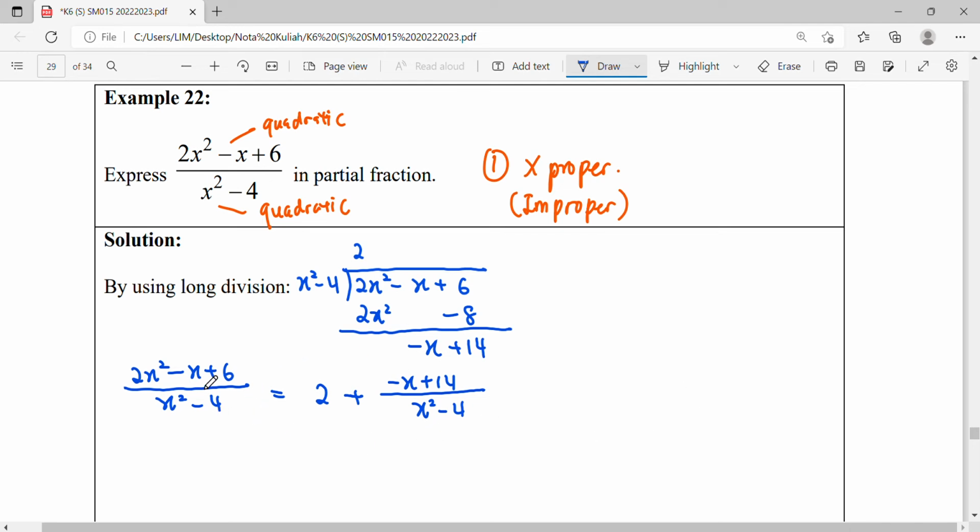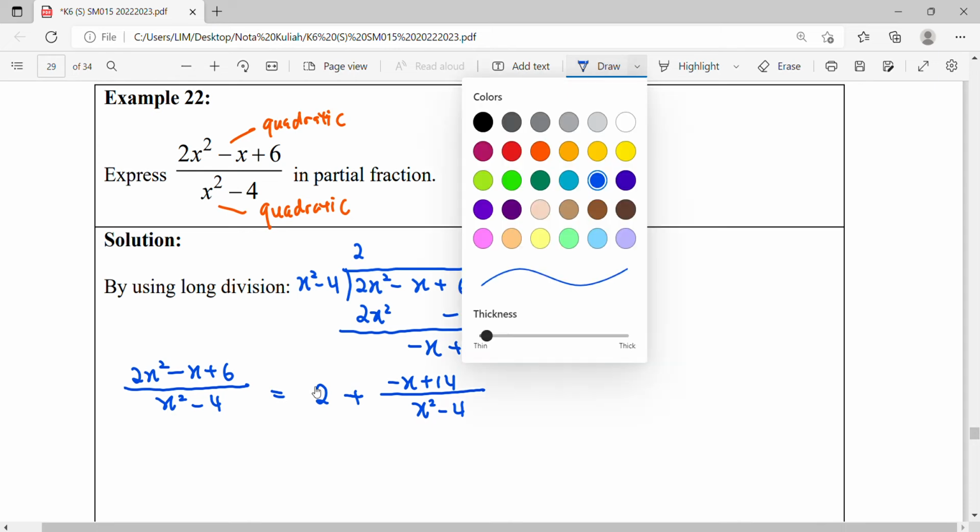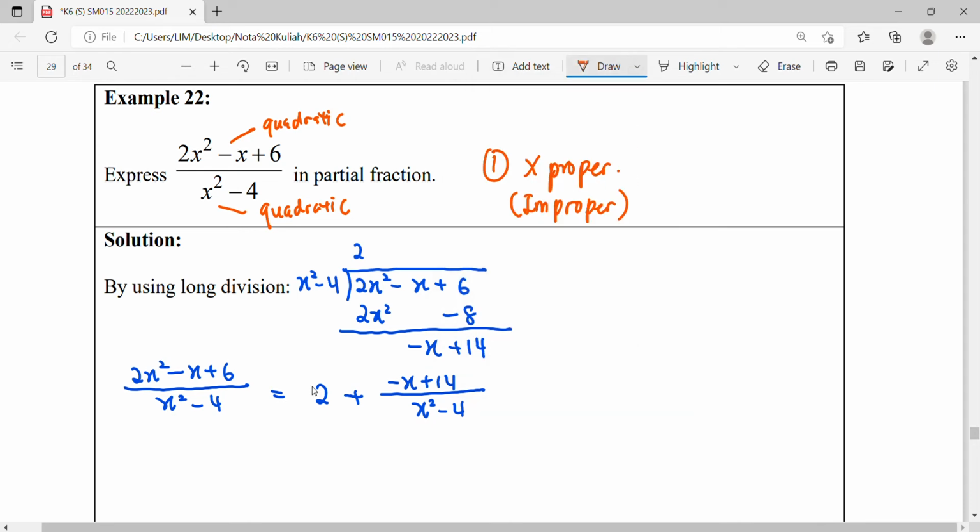From here we can notice that from these improper fractions we have already finished simplifying. We already finished the division here, so this is the new pattern of our fraction. Only a proper fraction can undergo partial fraction, so the remainder part here can undergo partial fraction.